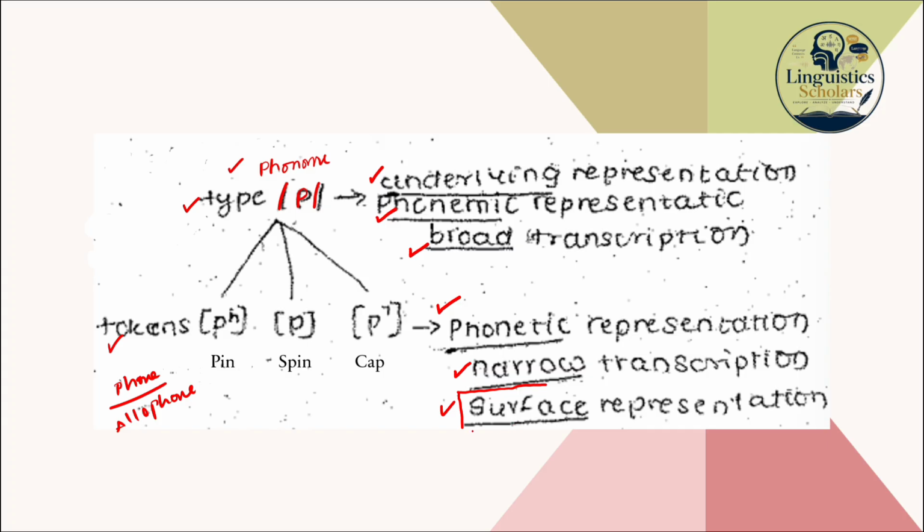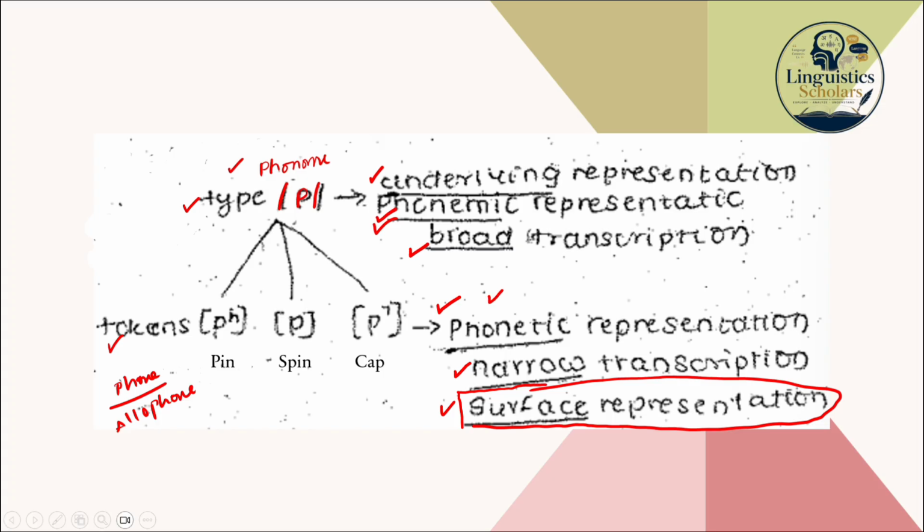As a result, we call them surface representations. Allophones are surface representations, whereas phonemes are underlying representations, and phonemes are the phonemic representations, whereas allophones are the phonetic representations.